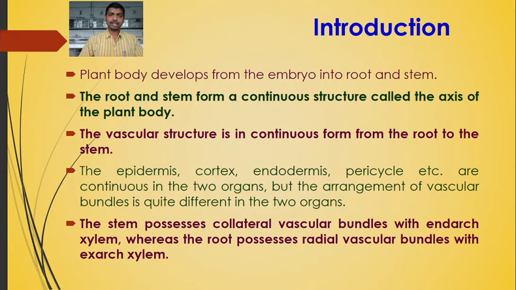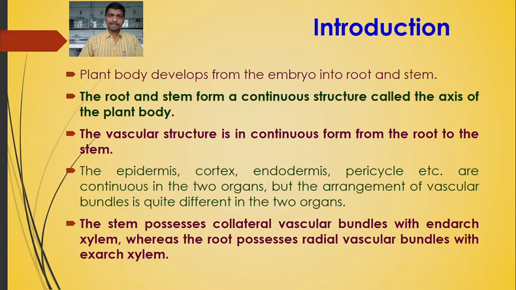The epidermis, cortex, endodermis, pericycle, etc. are continuous in the root and stem, but the arrangement of the vascular bundles is quite different in these two organs, that is root and stem.